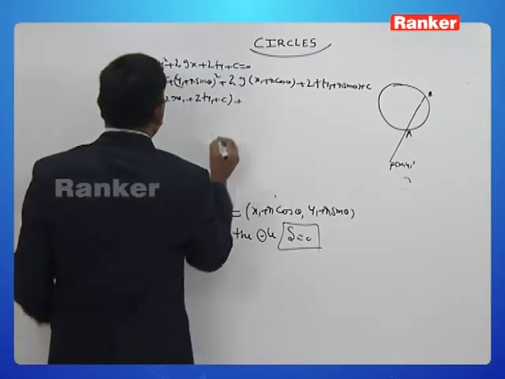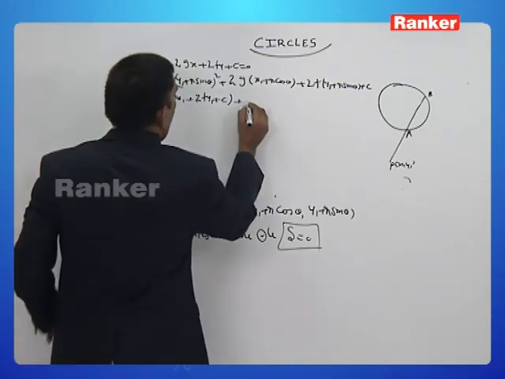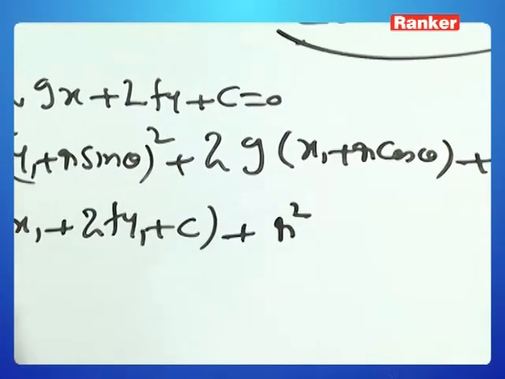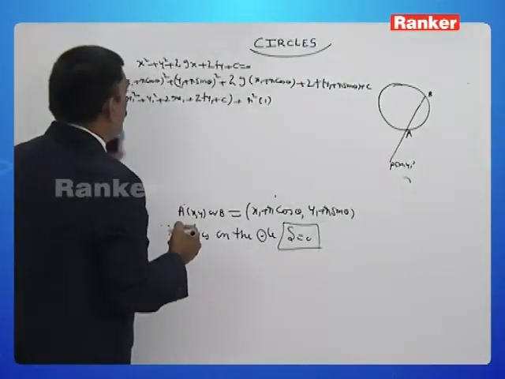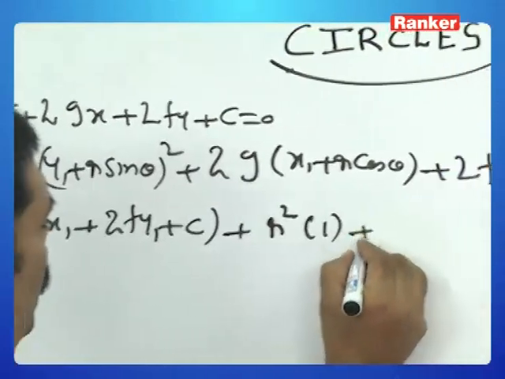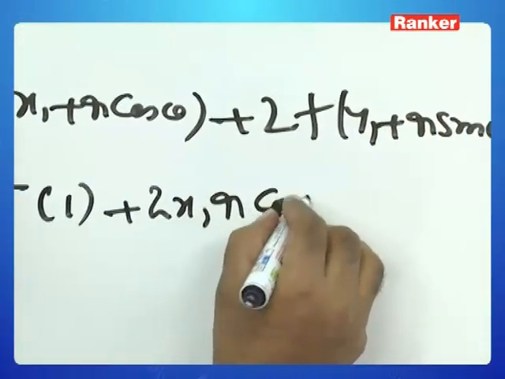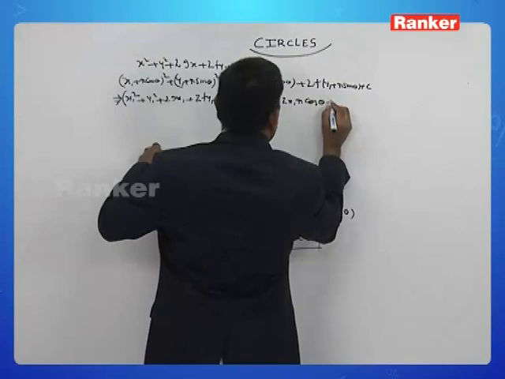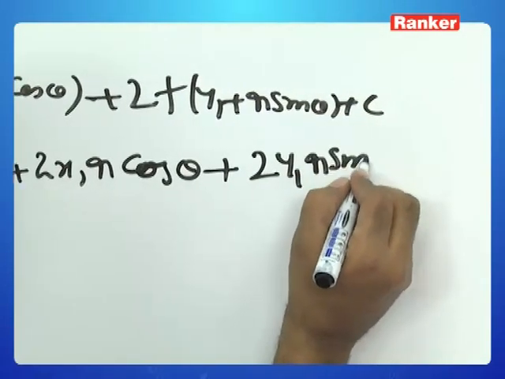Next, x1 square gone, y1 square gone. Now here r square into cos square theta plus sin square theta is equal to how much? 1. Next, you are having here 2x1 into r cos theta plus 2y1 into r sin theta.